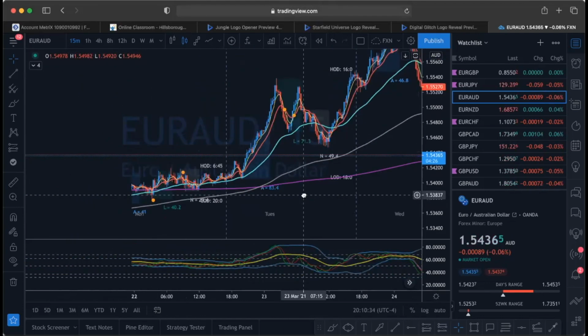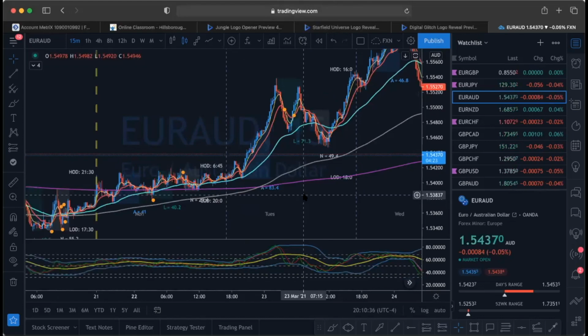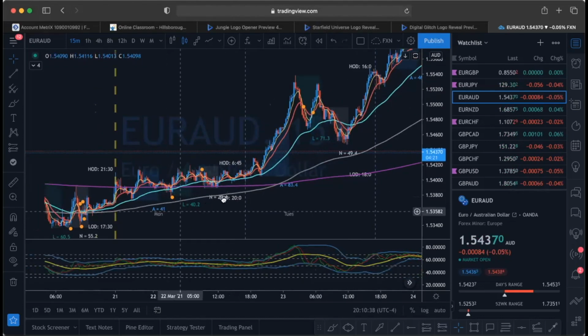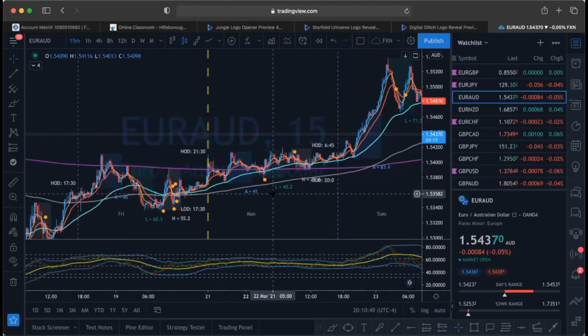That's completely fine. And then you'll obviously see, first leg Asian session, second leg. Typically, more than the majority of the time, it'll be the beginning of the London session, if the first leg is in that Asian session.